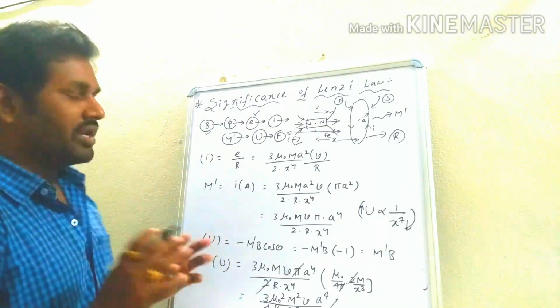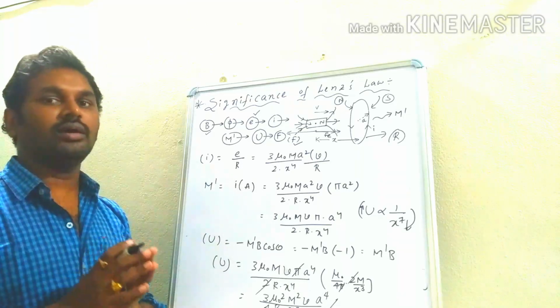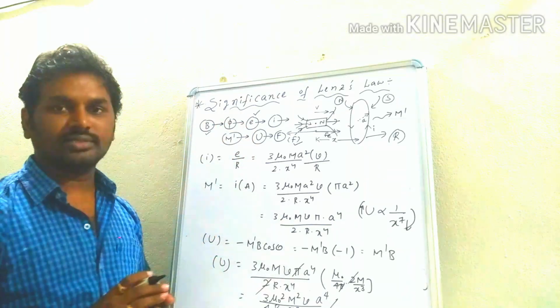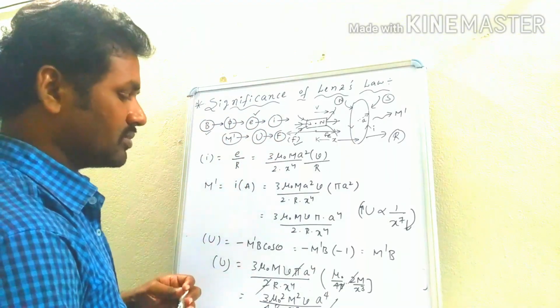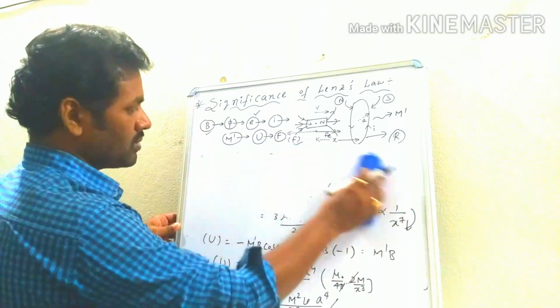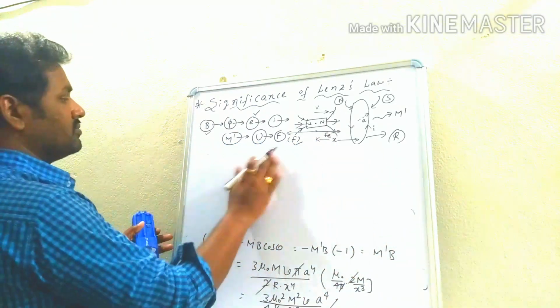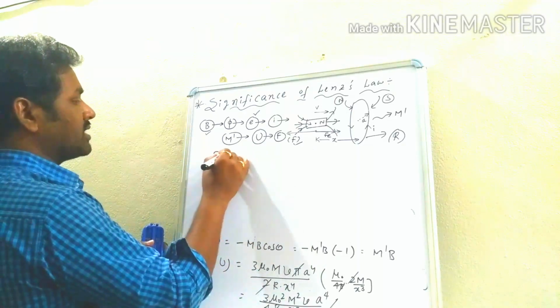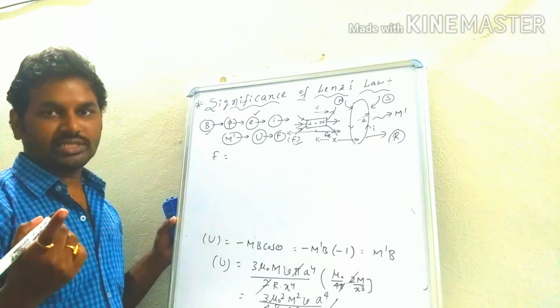So we reach almost the last step, which is to find the force acting on this, the opposition force acting on this bar magnet. So take the last expression. So F, the opposition force or the external force, is related to potential energy.